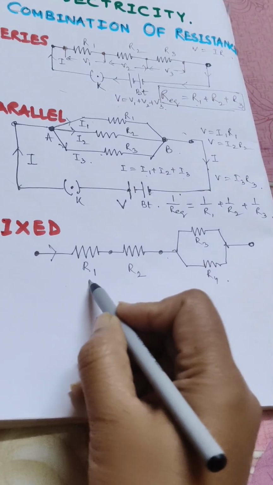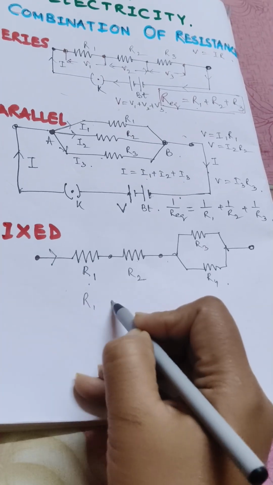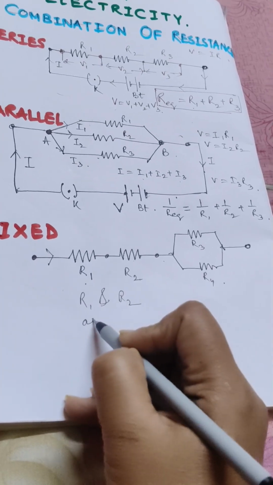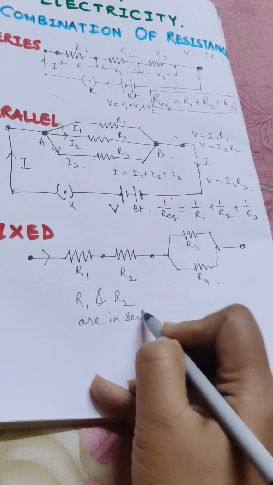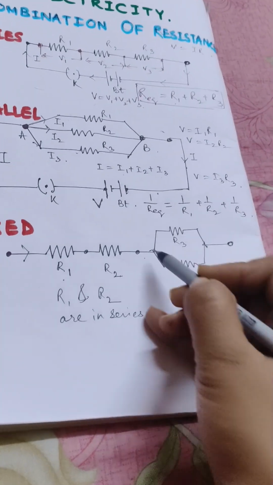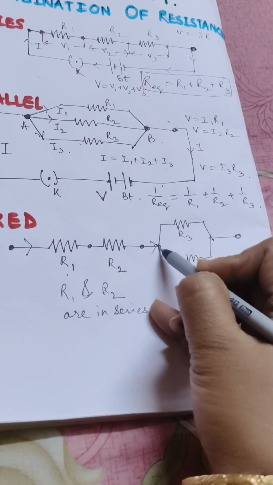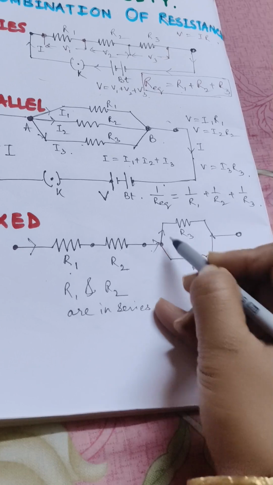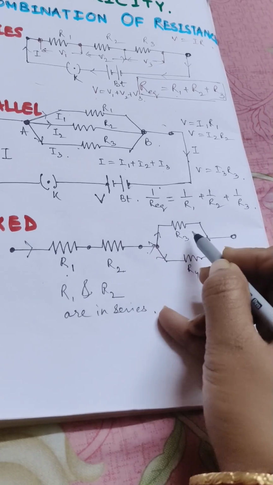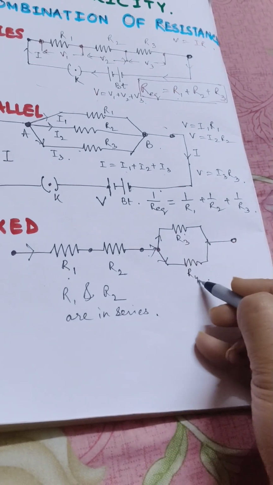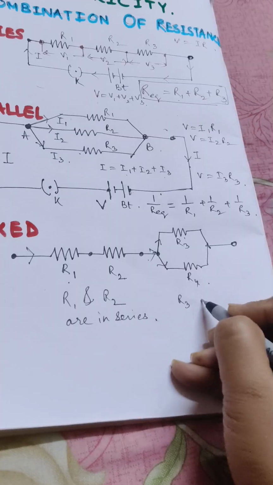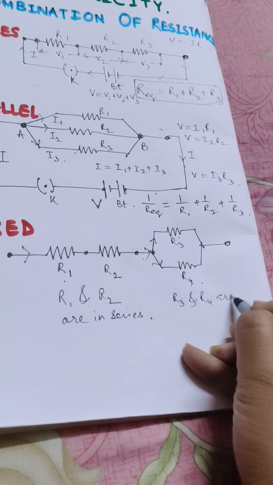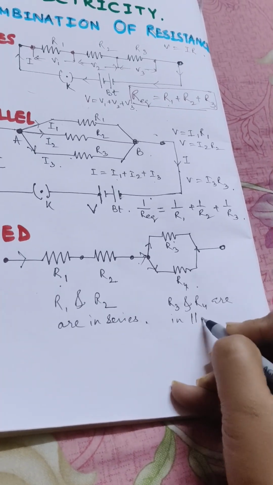So, the same current through R1, R2 means R1 and R2 are in series. Alright. Now, when this current comes to this point, it sees two paths and hence gets divided. So, R3, R4 are in parallel.